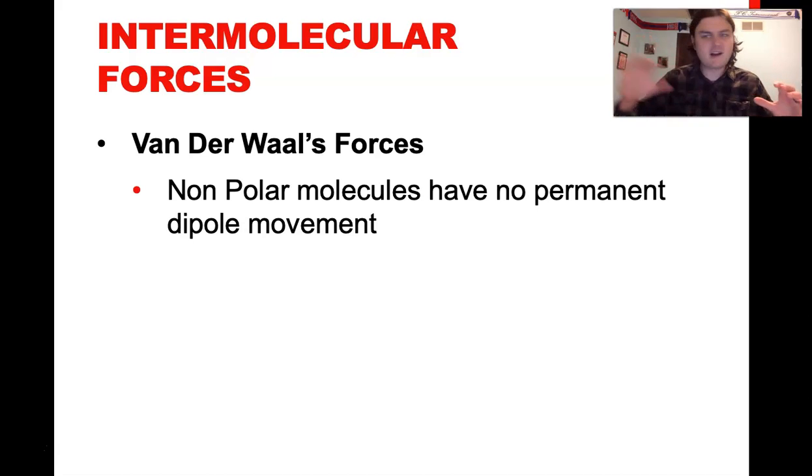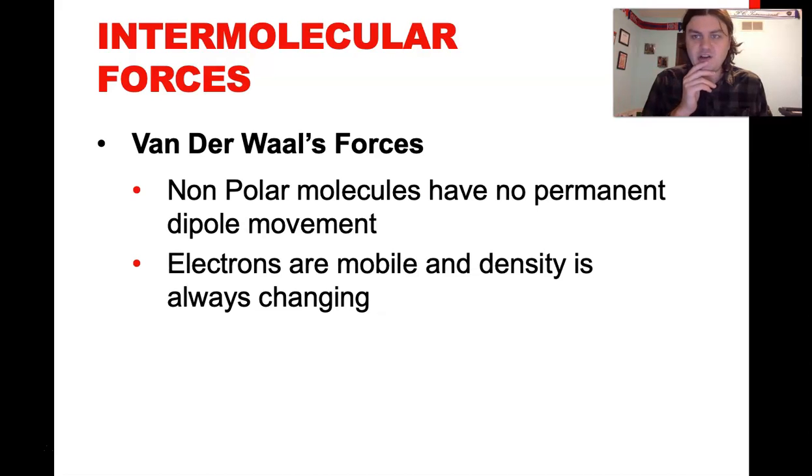So there'll be a higher concentration of negative charge on one end, and then a higher concentration of positive charge on the other end. And it's not a full +1, -1 situation. It's a partial positive and partial negative. So stick with me on this as we get into examples. I think that will become a little bit more clear.